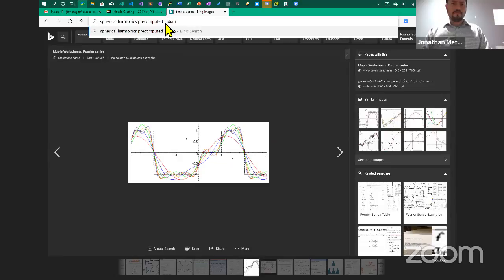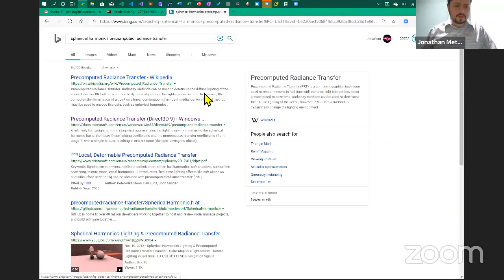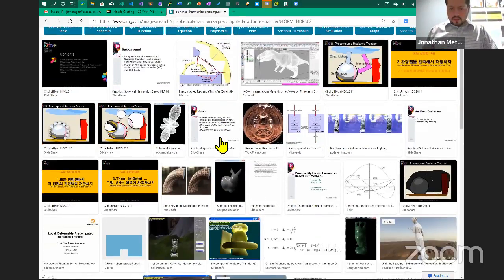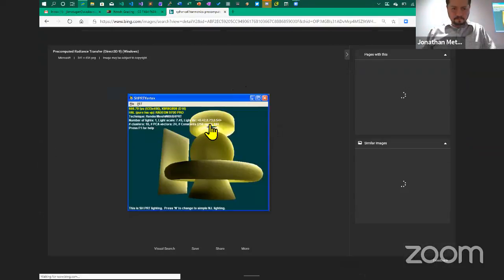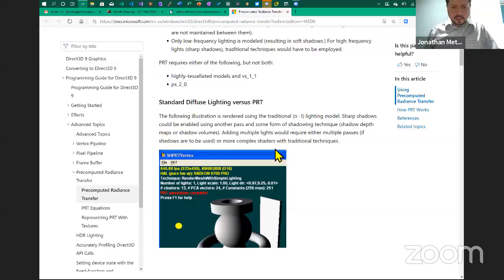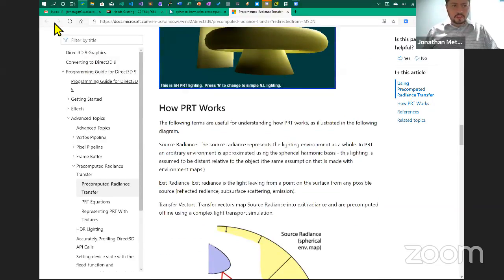There's an image of a teapot that I'm looking for, and I meant to copy that and put it over here. Maybe it's on this page. They have a demo, but I didn't download it. I'd have to compile it. Nope, that's not it.